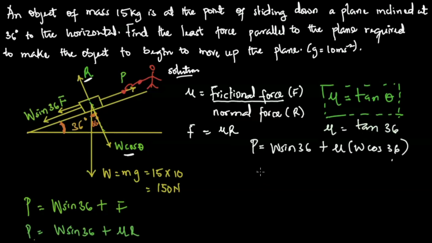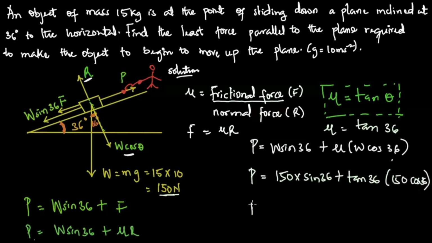So coming back here, we can conclude that P is equal to W, which is 150 Newton, multiplied by sine 36 plus mu, which is tan 36, multiplied by 150 cos 36.